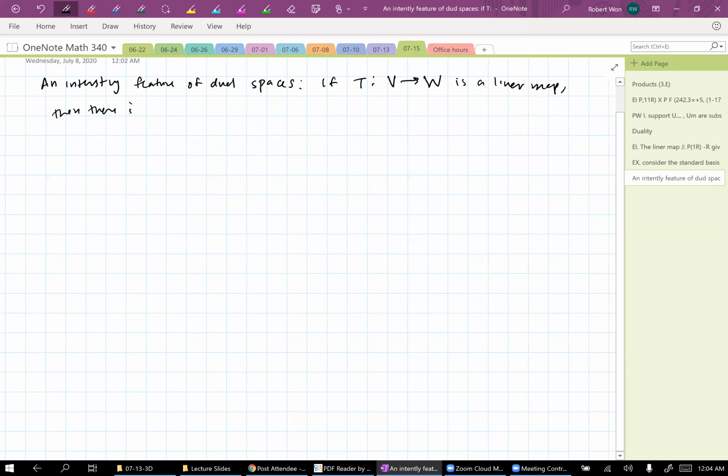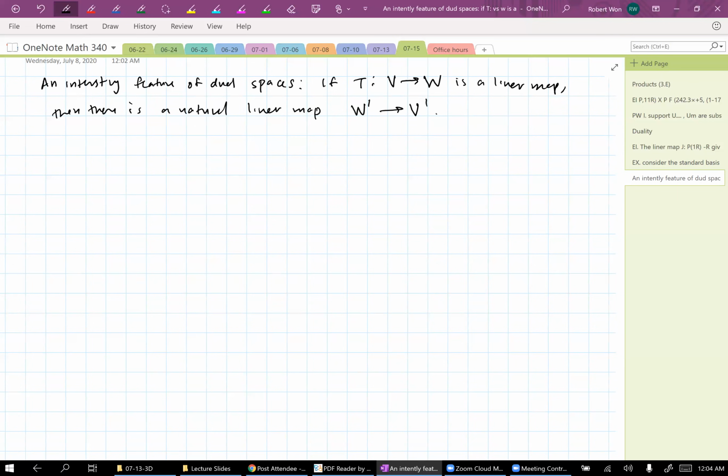But here's an interesting feature. An interesting feature of dual spaces, and it's a very natural one, is if T is a linear map from V to W, then there is a natural linear map from the dual space of W to the dual space of V. Okay, so let me motivate this.